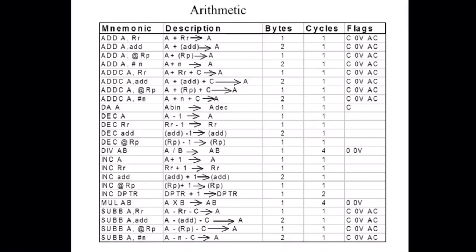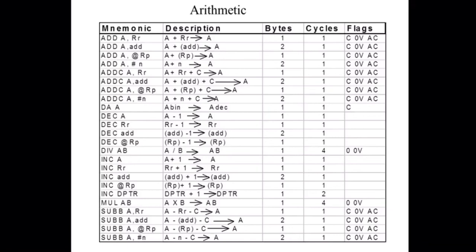The multiplication MUL AB means the multiplication operation between the A and B registers. So even your division and multiplication you have to do with only the AB registers. It doesn't support MUL A register or MUL A address location.